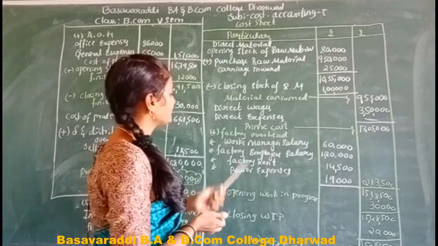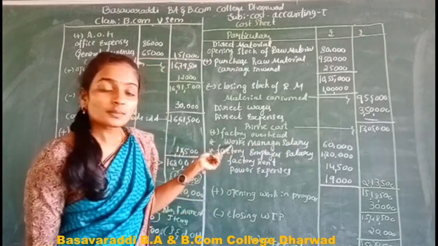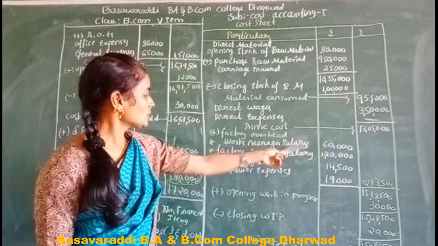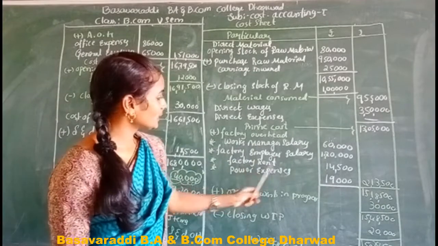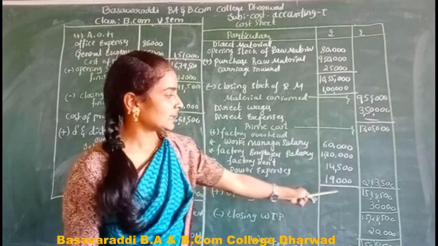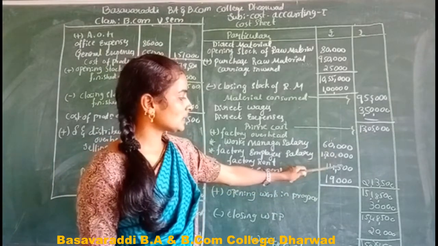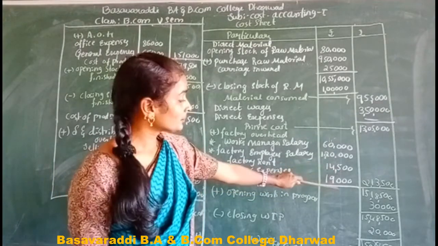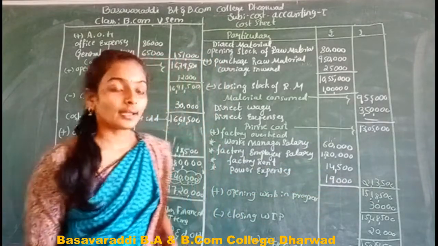Next, add factory overhead: works manager salary 60,000, factory employees salary 1,20,000, factory rent 14,500, power expenses 19,000. Together that is 2,13,500.